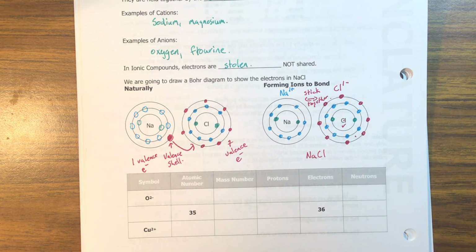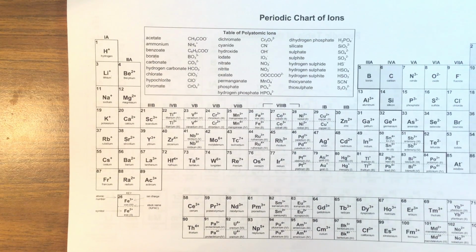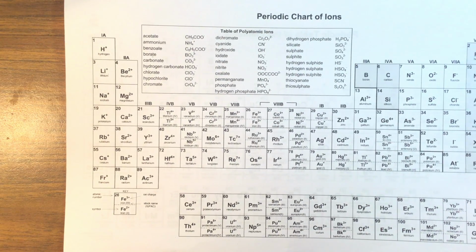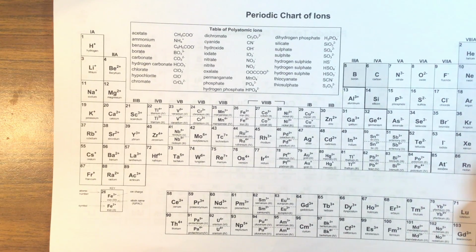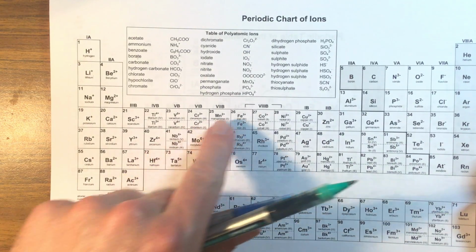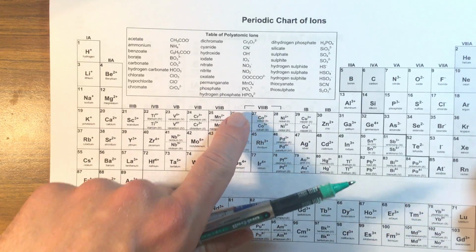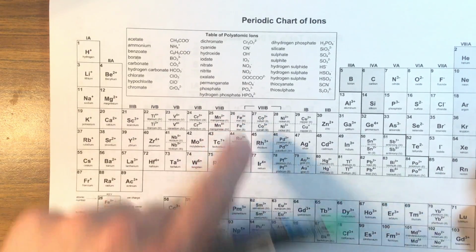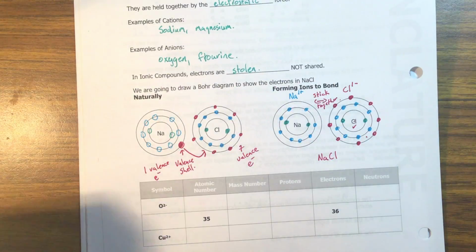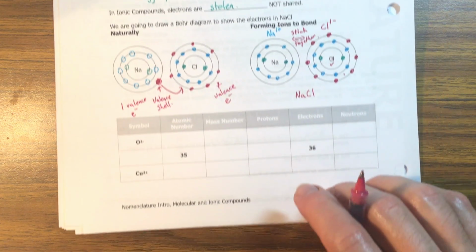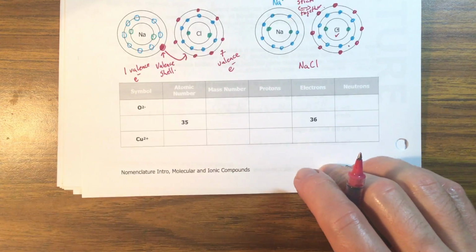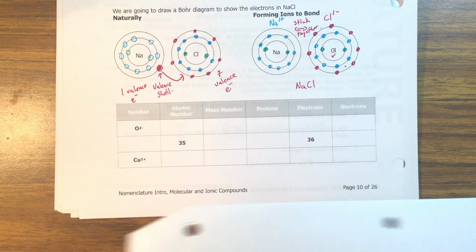The common charges for things are found on the periodic table of the ions. Now, this isn't all of them. Some of these transition metals can take on many different charges that aren't listed on here, but these ones are just the common ones. Okay, so we should be able to go through a table like this and talk about how things become ionic.